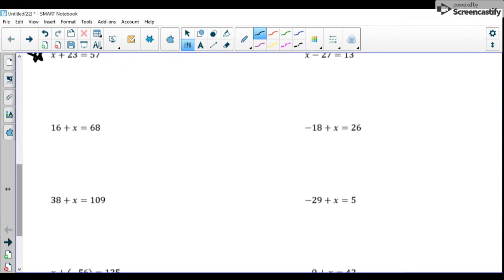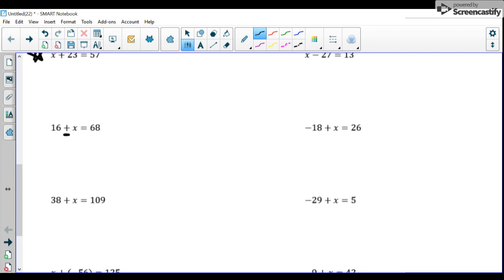But I want to go down here to 16 plus x equals 68. So here's the thing. No matter where your x is, whether it's on the left-hand side, the far left, or it's in the middle, you're still looking for how to get rid of the number there. But in this case, you're not looking at the addition sign that's right there. You're going to be looking at the kind of number that it is.